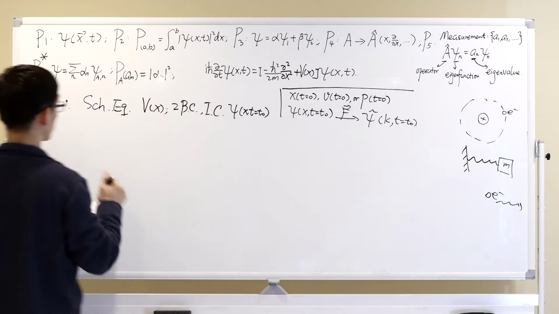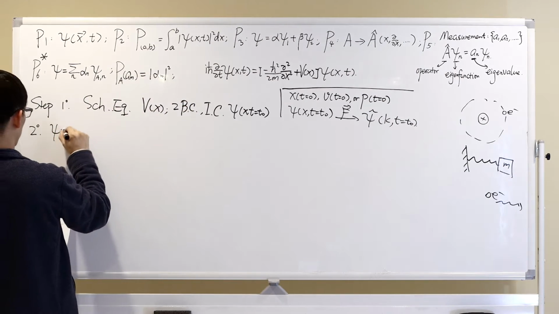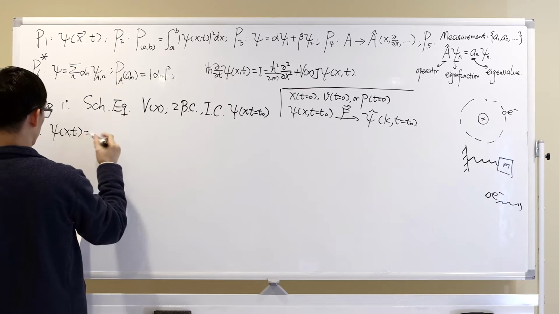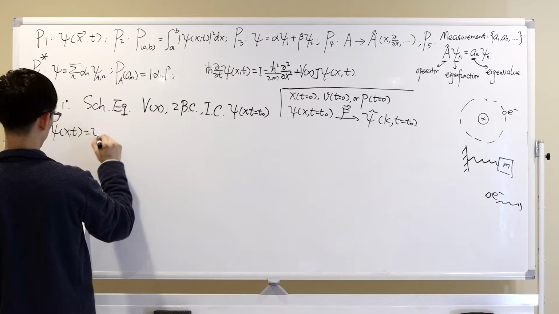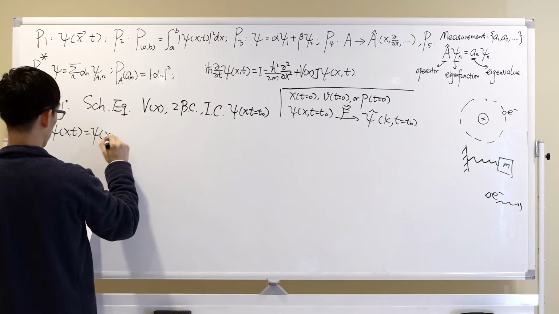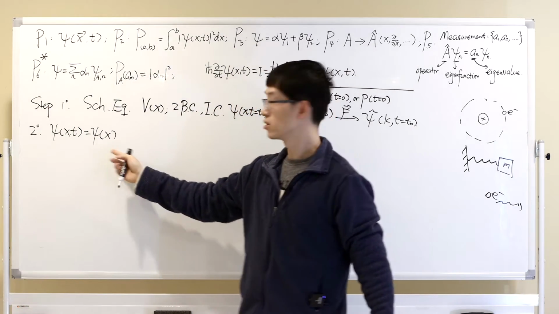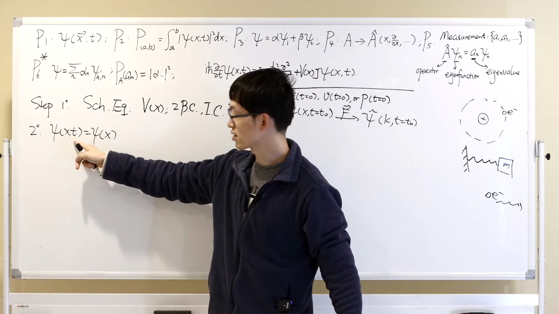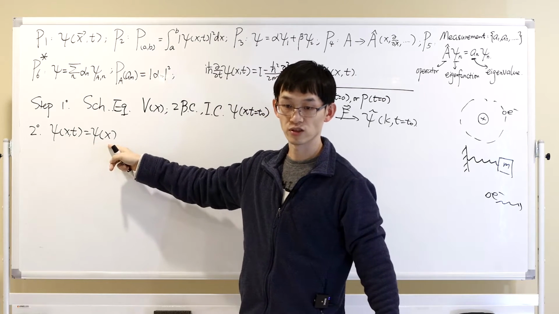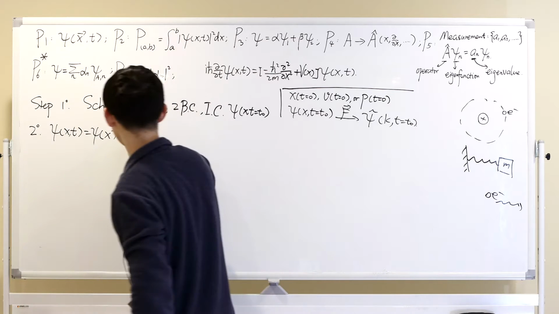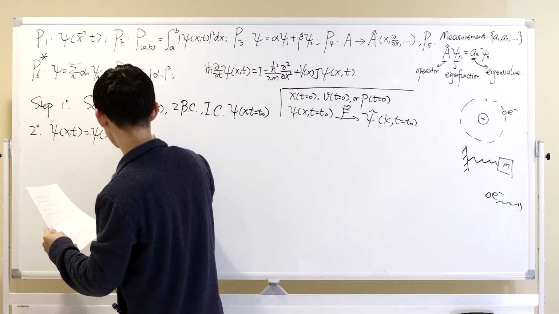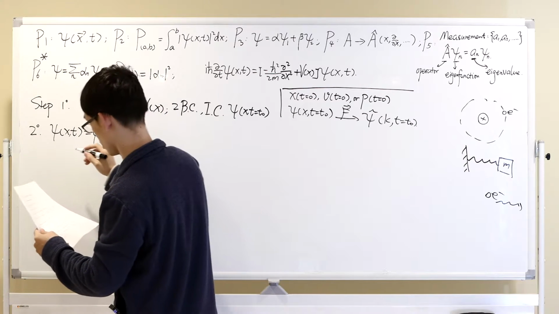So what we can see here is that you can take psi(x,t), and you have to be a little bit careful with the notation. People use the same notation to denote the wave function with x and t, and just the wave function of x. And here this is for the eigenstate.